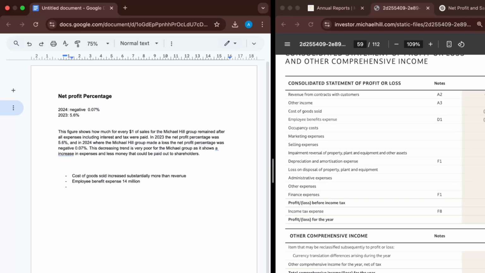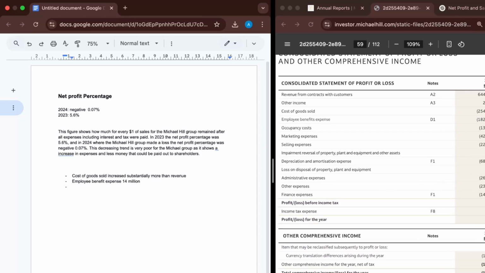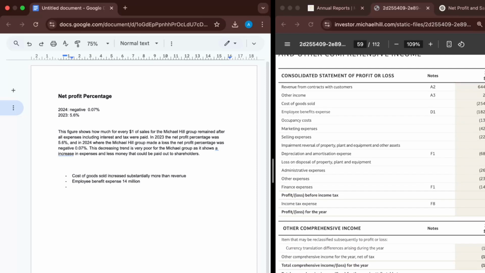Okay, moving on a little bit further down. There's been a bit of an increase in occupancy costs, not too much though, so I don't think we'll go into that fully. Our marketing expenses have actually decreased, so we don't need to worry about that. Selling expenses, there's been a bit of change, but no cause for concern there, just a $2 million change.